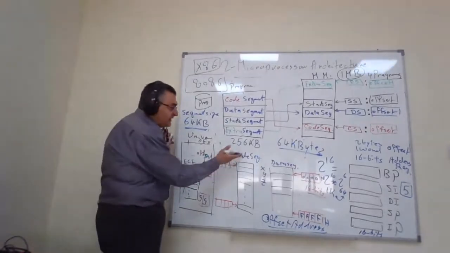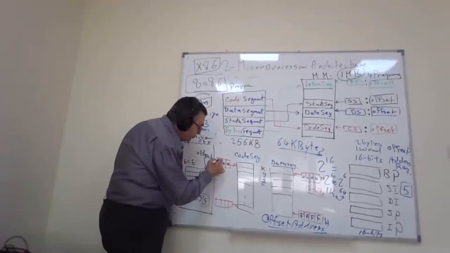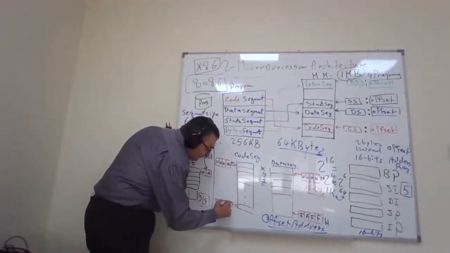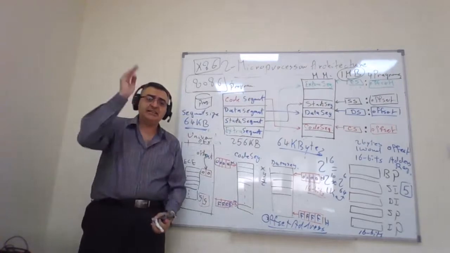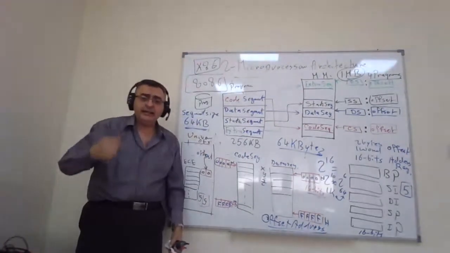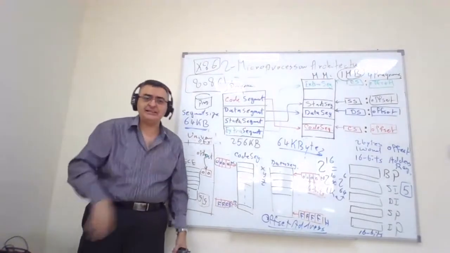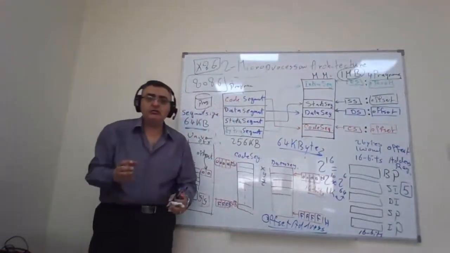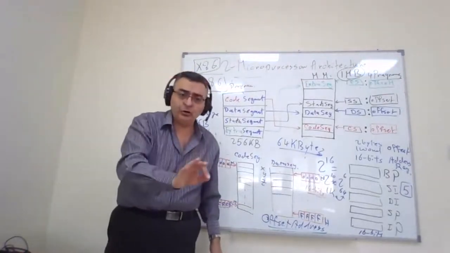Also 0000 in hexa. What is the last offset address in the code segment? Also FFFF. So each segment starts with the offset address 0000 in hexa and ends with the offset address FFFF in hexa.